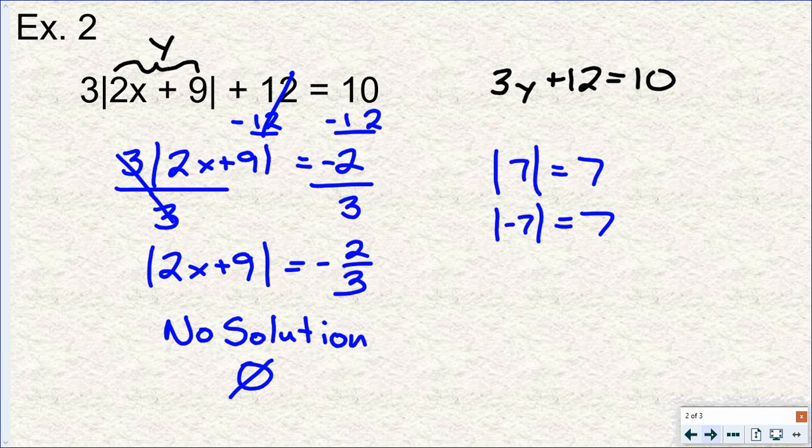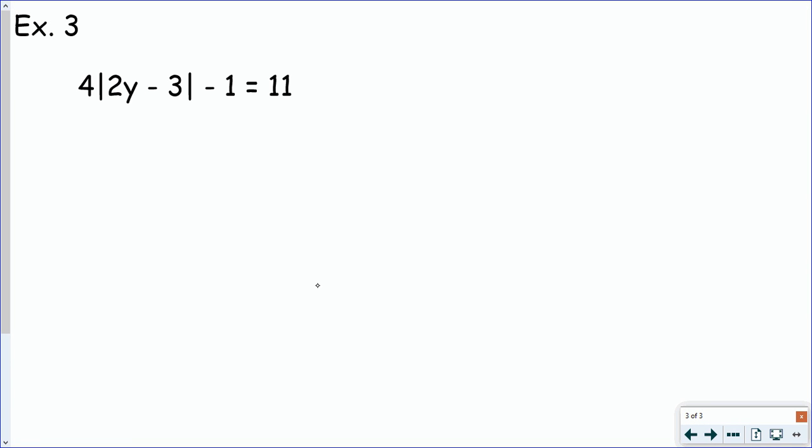All right, so let's look at another one. Again, you can think of this as 4 times some variable, I'll call it p, minus 1 equals 11. You're trying to get this piece by itself, so you're going to add 1 and then divide by 4.